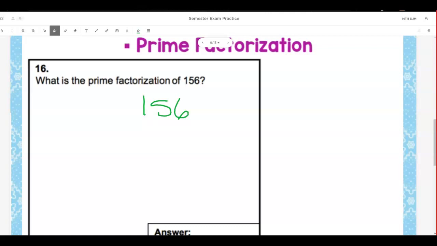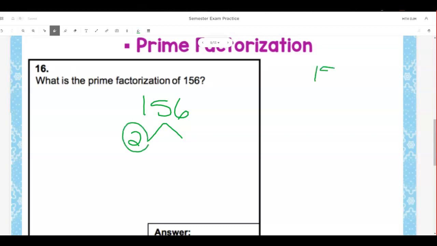The list of prime factors is by my pink hedgehog right there. Those are the prime factors from 2 to 19. Okay? Those are our prime numbers. So when we start this, we are going to divide. And since it's even, I'm going to start with 2. It's a good idea to always start with 2.